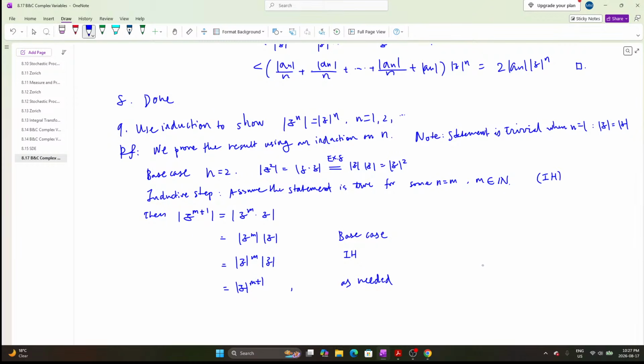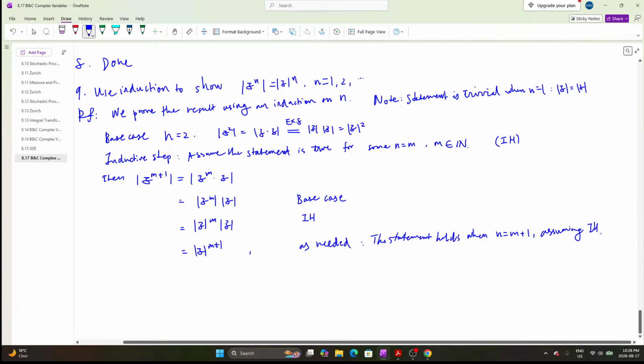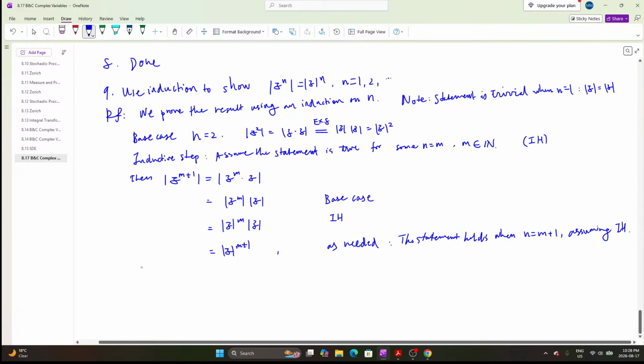Therefore, as needed, the statement holds for n equals m plus 1, assuming the induction hypothesis. So that's the objective in the inductive step. And finally, to finish up the proof, we write by the principle of mathematical induction.